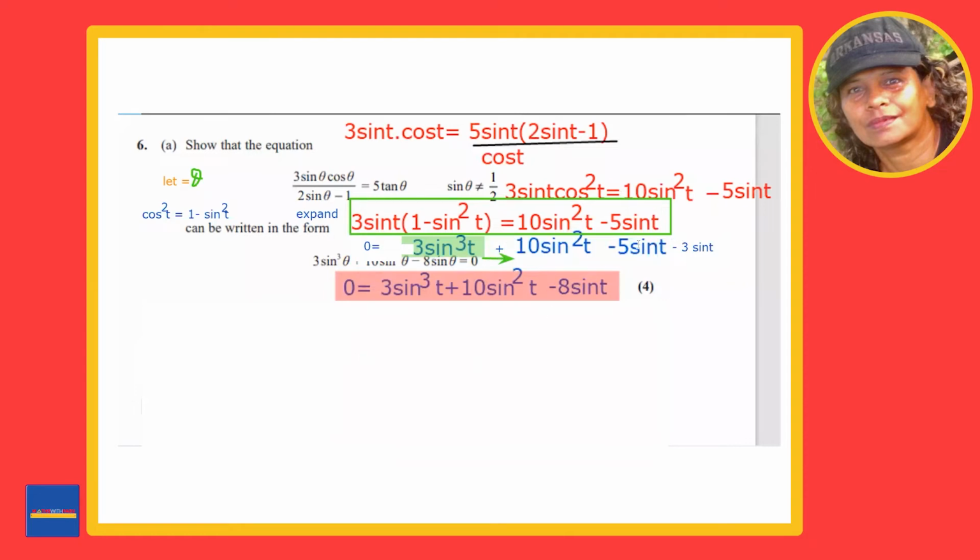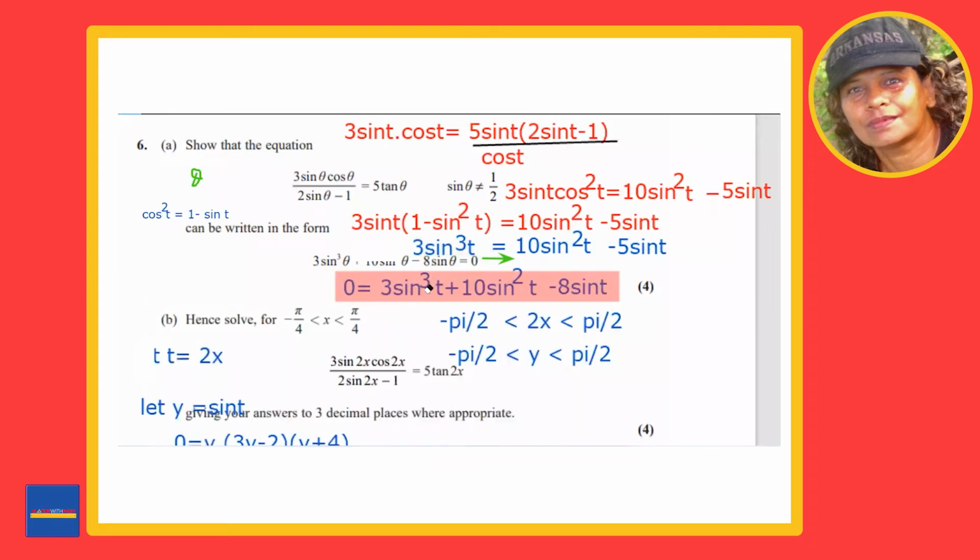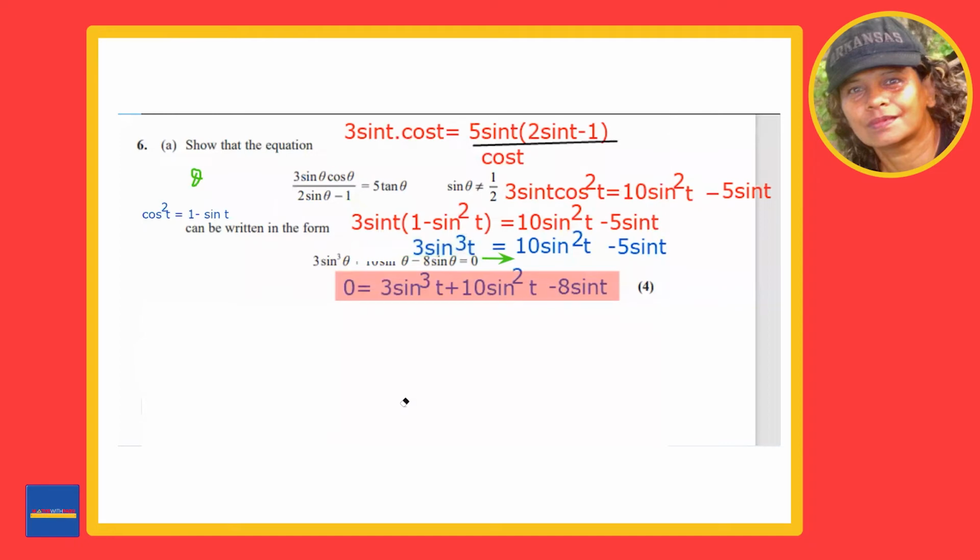The minus 5 sine t and the minus 3 sine t become minus 8 sine t, and that's what I'm supposed to prove. My whole intention is to prove this equation, right? So that is done. I hope that you understood my explanation.